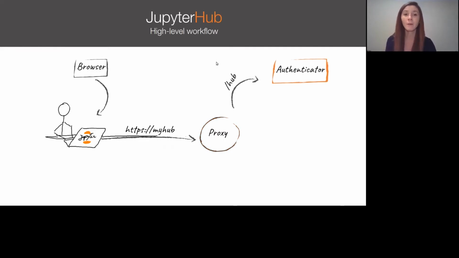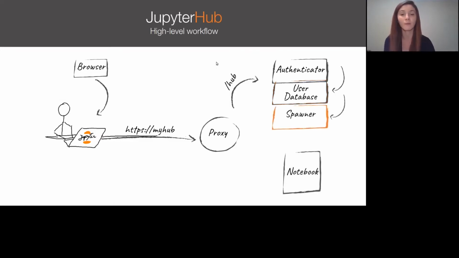The first hub component it interacts with is the authenticator. The authenticator checks with the user database or with an external authentication service like GitHub or Google or Bitbucket or any other, whether or not the user should be allowed access into the hub. If everything is fine, then the spawner will get a response to create a notebook server for this user.